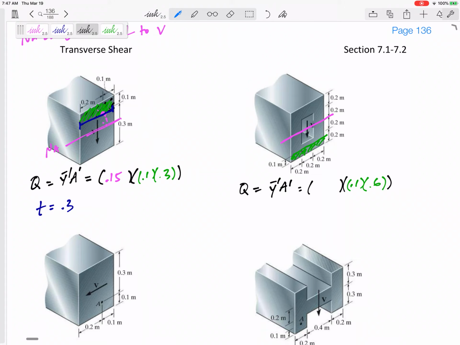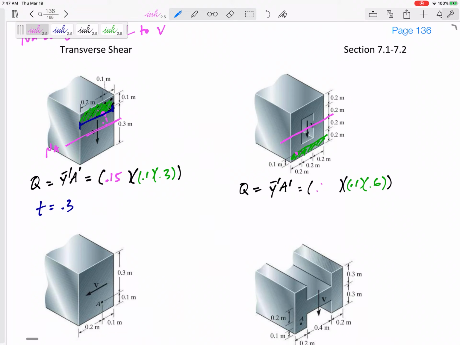My Y bar prime. All right, can y'all get there before I do for this point right here? If I'm looking right here, I would need to go 0.3 just to get to the point, but then I need to go to the centroid of a rectangle, just in the middle of the rectangle, so I need to go halfway of that 0.1.